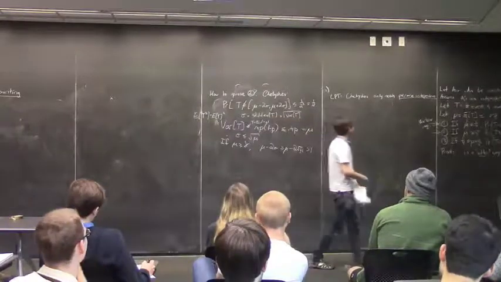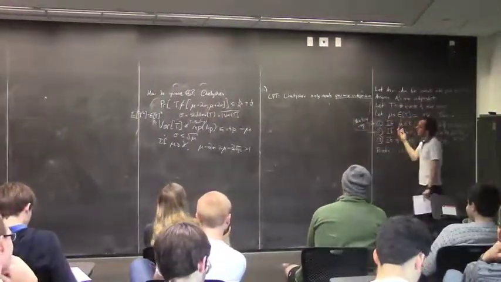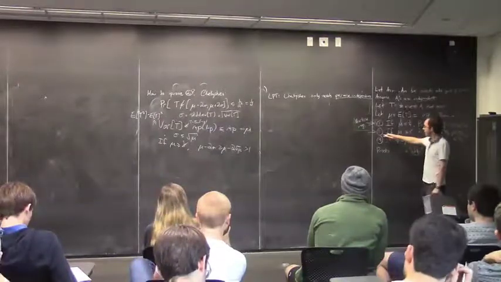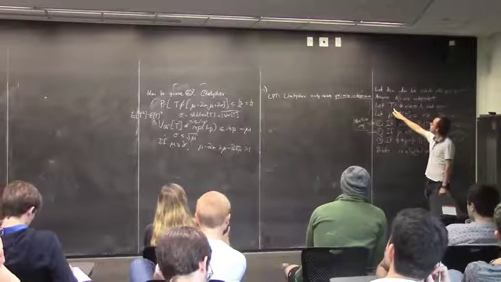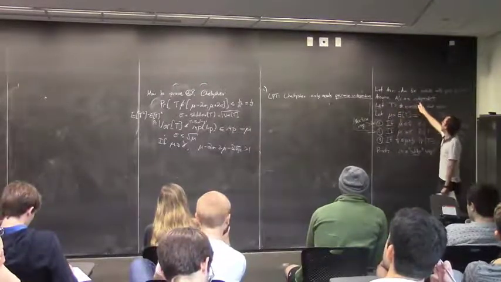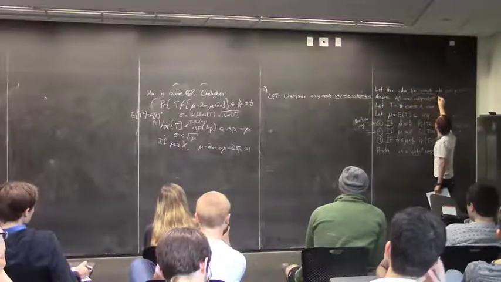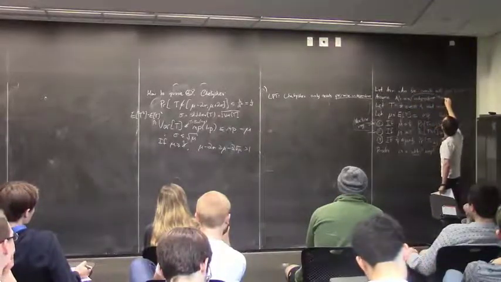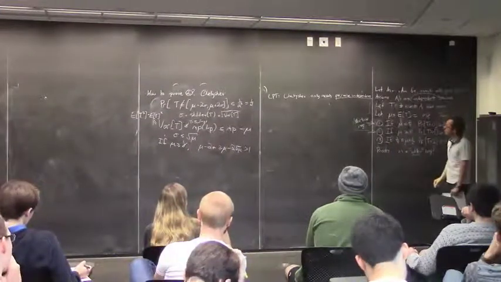I'll say what that means in a second. But the point I'm eventually going to make is that to get this conclusion about this random variable, you don't need that they're independent. You're going to merely need that they're pairwise independent. That's going to help us later in this lecture.